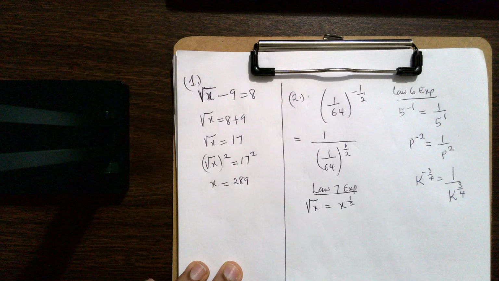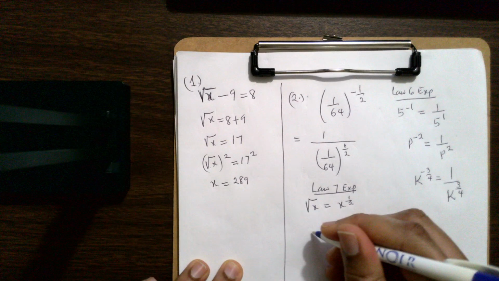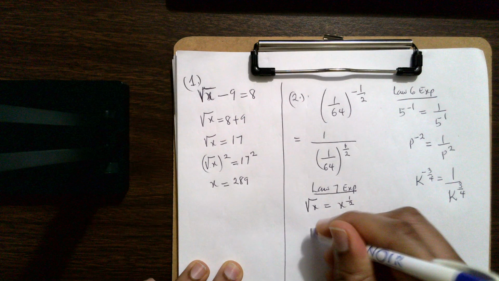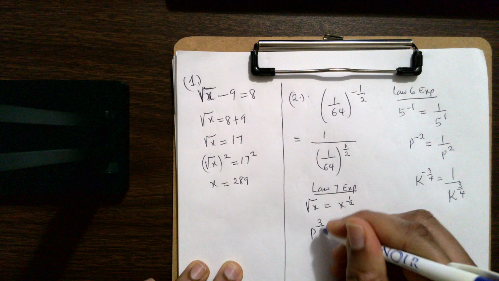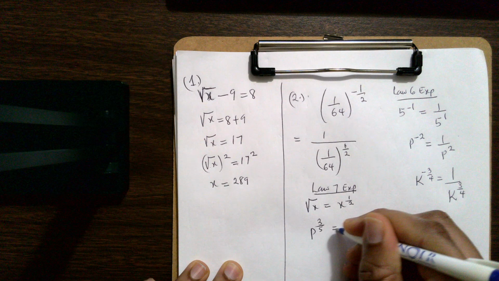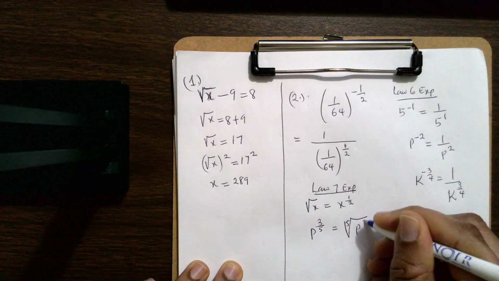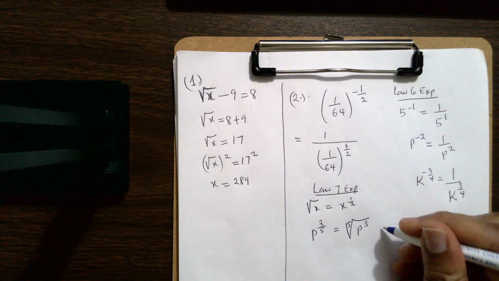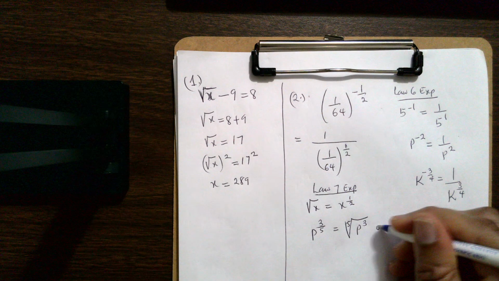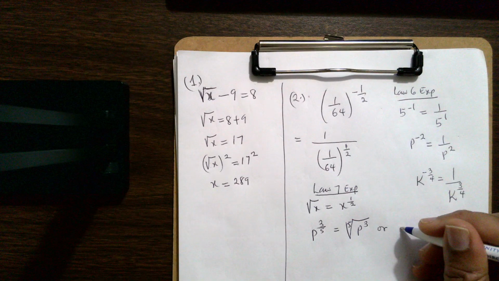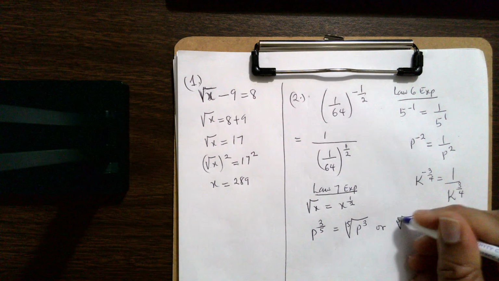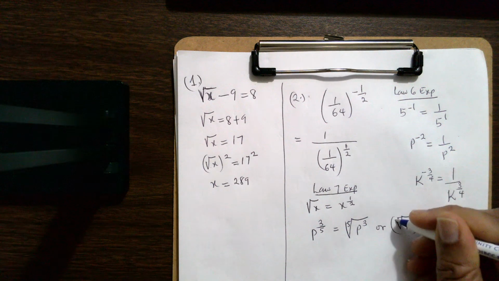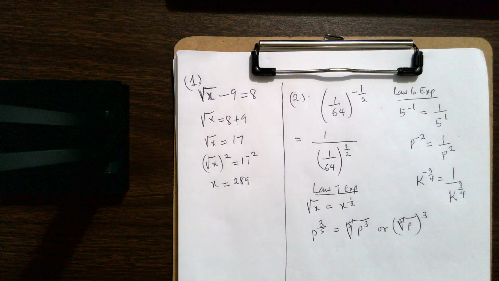If I have p exponent 3 over 5, this means the fifth root of p cubed. You can also write it as the fifth root of p, all cubed.